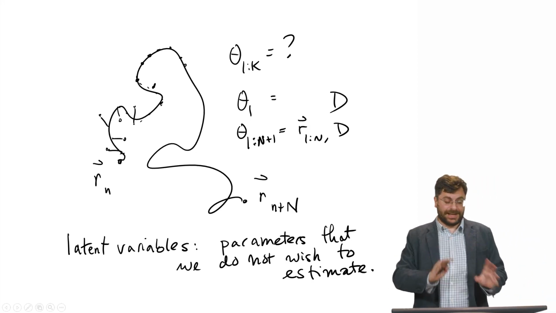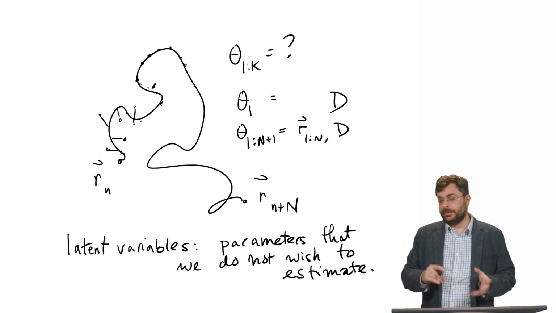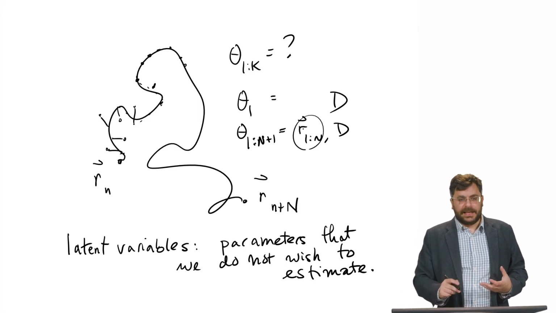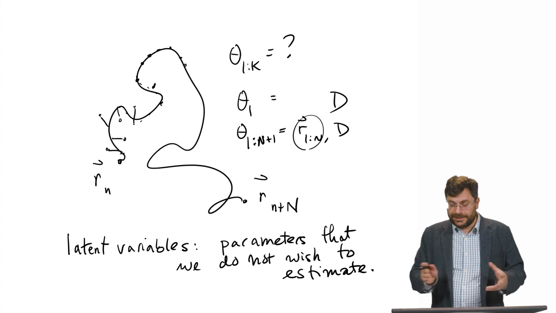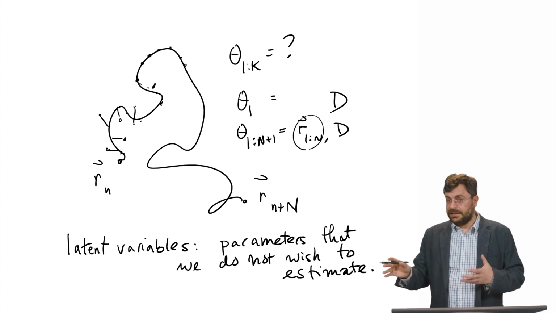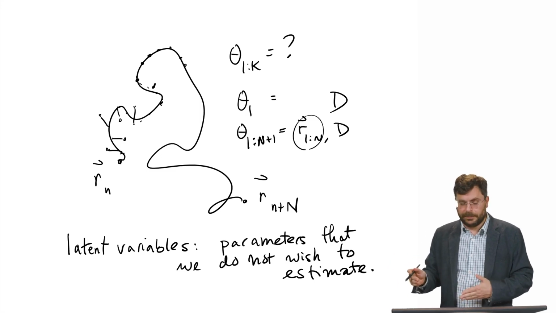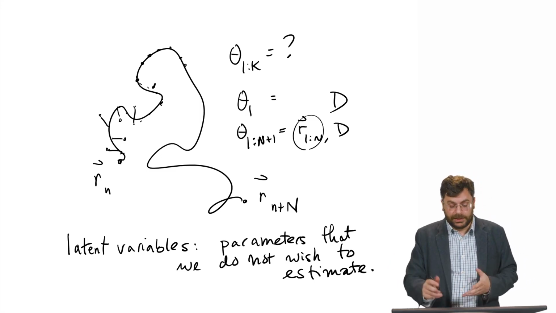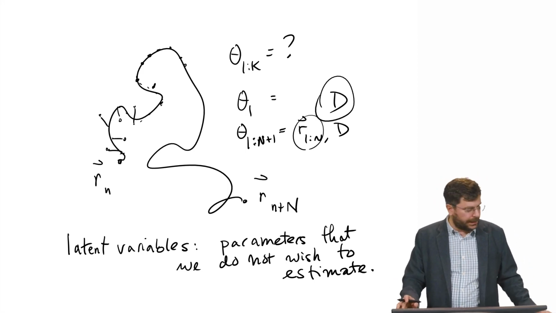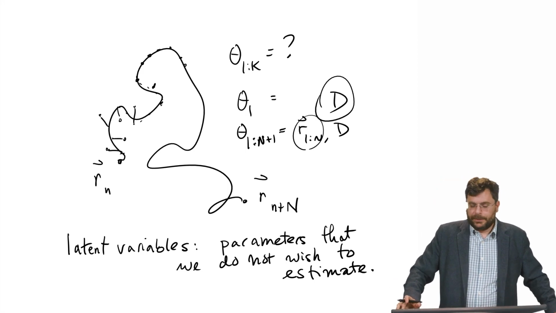So there are parameters we care about, and there are other parameters we don't care about. For example, it could be the case that there's a lot of experimental noise and I can't learn the positions very well, but actually I don't care about those. So I would call those latent variables. I would not want to learn about them. And maybe the thing that I would really want to learn about is a diffusion coefficient. At that point I would call it a parameter.